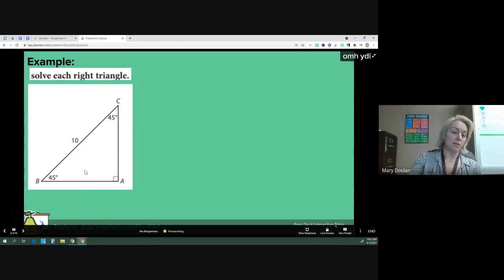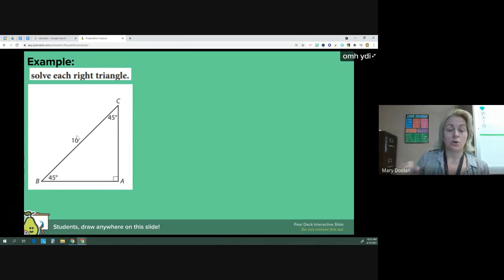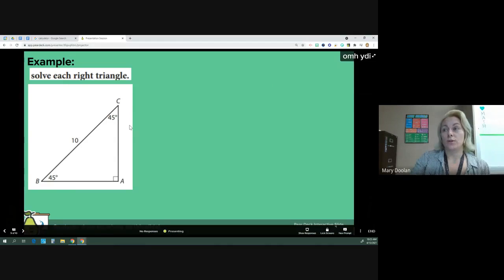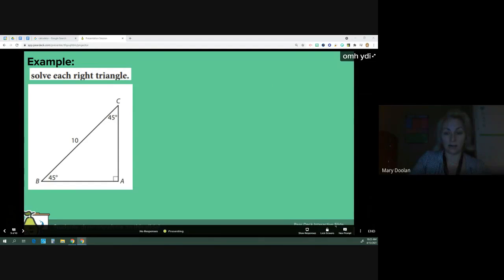They're going to have the same length. Also, I know there's a relationship between the hypotenuse and the leg length, where the hypotenuse is exactly the square root of 2 times the leg length. So for this one, I'm going to kind of switch what I'm projecting. Give me a second here.